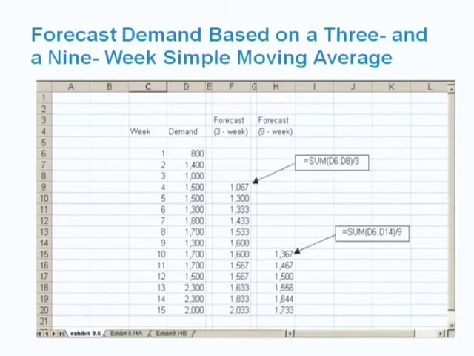Similarly, for the Excel on week 10, 367 equals the sum of week 1 to week 10 over 9.